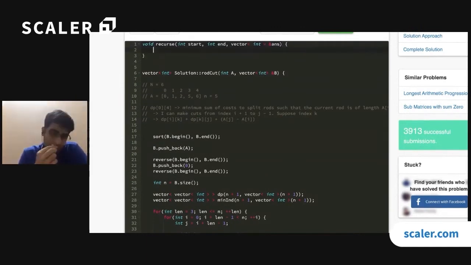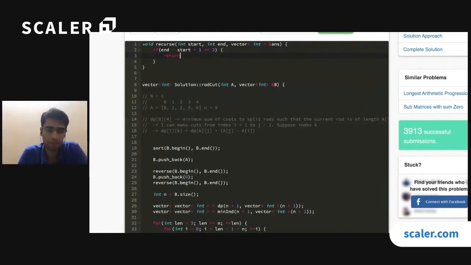When do I know that this is done? If end minus start plus 1, that is the length, is less than or equal to 2, that means I don't have any answer and don't have to put anything, so I can return.